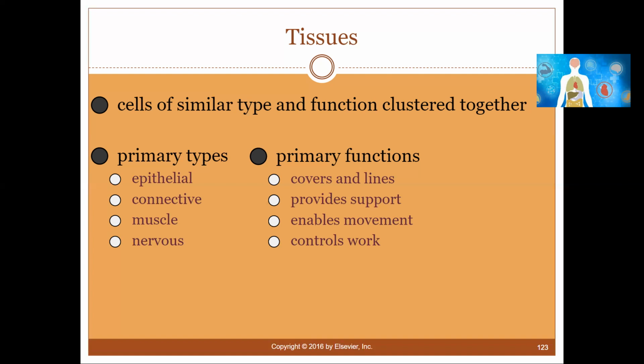So the dermis would be connective tissue, for example. Connective tissue is just that. It connects, it links the epithelial covering or lining with the underlying soft tissue, which is typically muscle, our third tissue type.